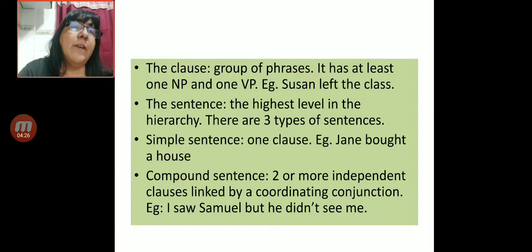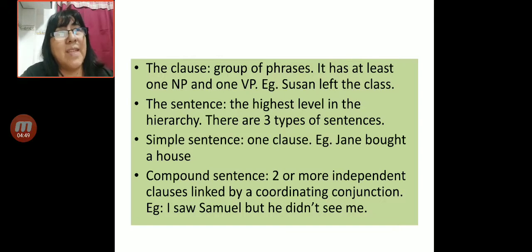Then we have another unit, which is the clause. The clause is a group of phrases. It has at least one noun phrase and one verb phrase. For example, Susan left the class.